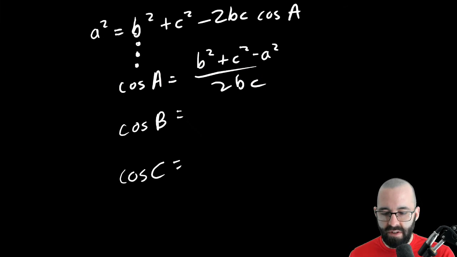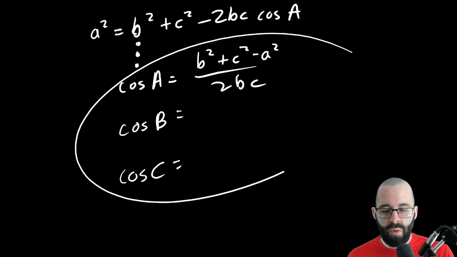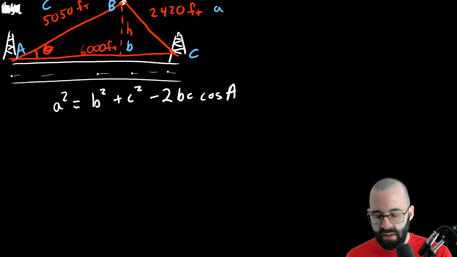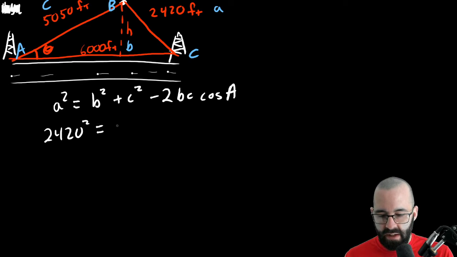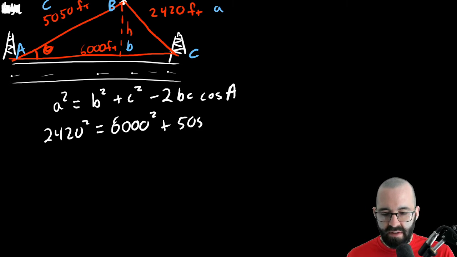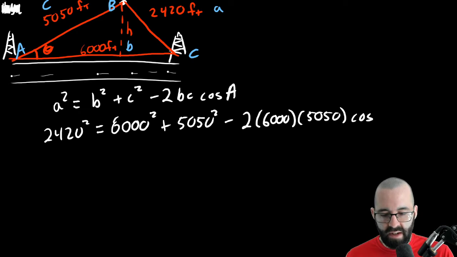Again, you can also just use one of these if you'd like. Save some steps. Either way, what we're going to get is 2420 squared equals 6,000 squared plus 5050 squared minus 2 times 6,000 times 5050 times the cosine of A.